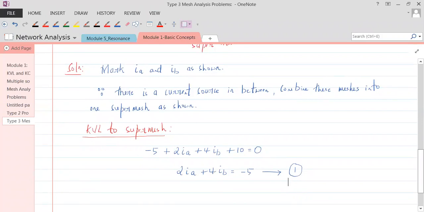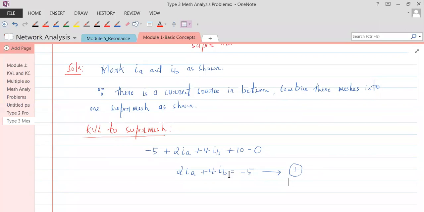How many equations do we have? IA and IB are the two unknowns, okay? But we have one equation. One equation, two unknowns cannot be solved. If there are two unknowns, at least two equations we need.